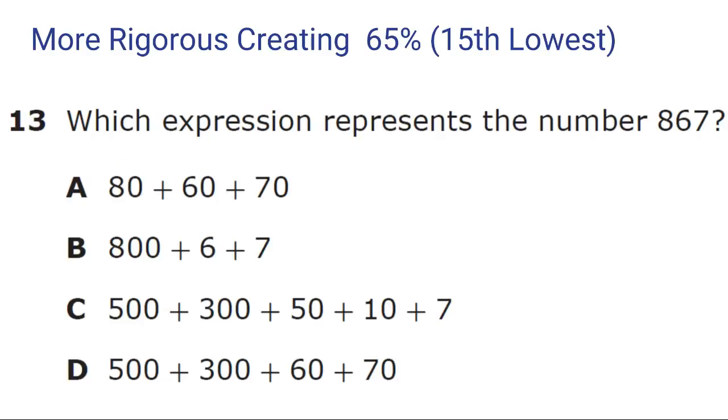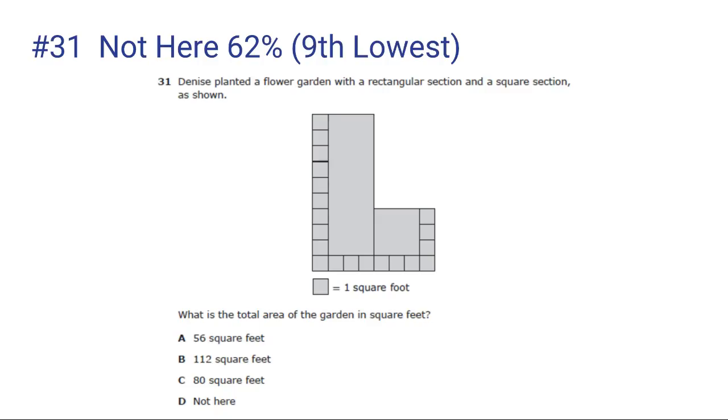Also, decomposing a number, such as 867 to 500 plus 300 plus 50 plus 10 plus 7. This is a step to helping the kids regroup. Not here. This was one of the answer choices that you could see here at the bottom.